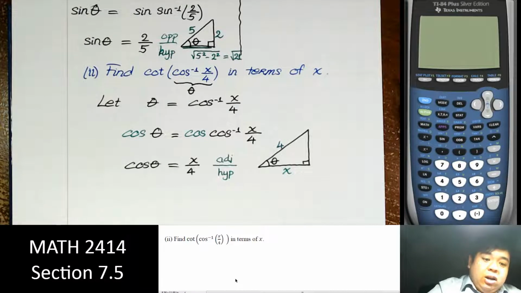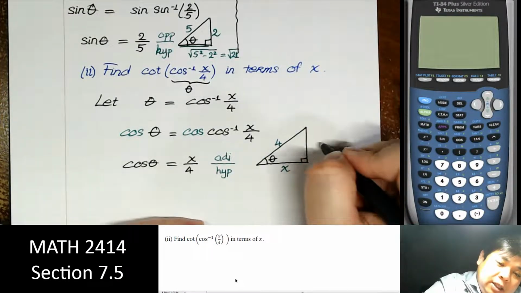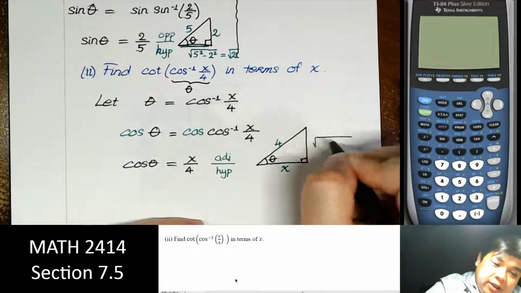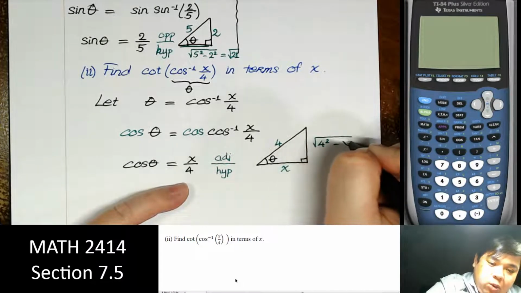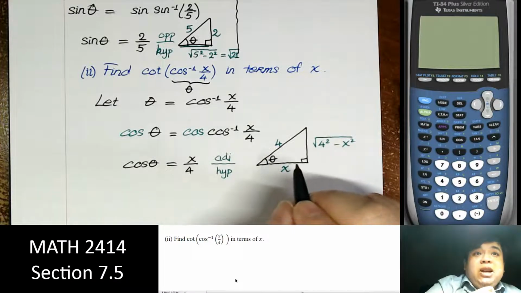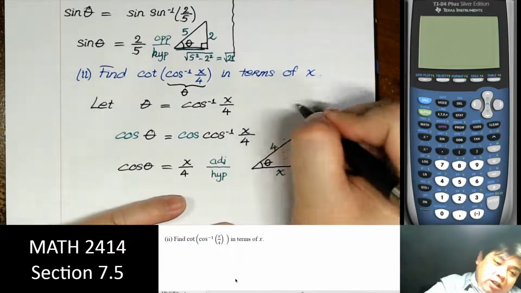Opposite, what is that? It's going to be square root of 4 squared minus x squared. Actually, it could be negative too, because when we take the square root, let me do this again.